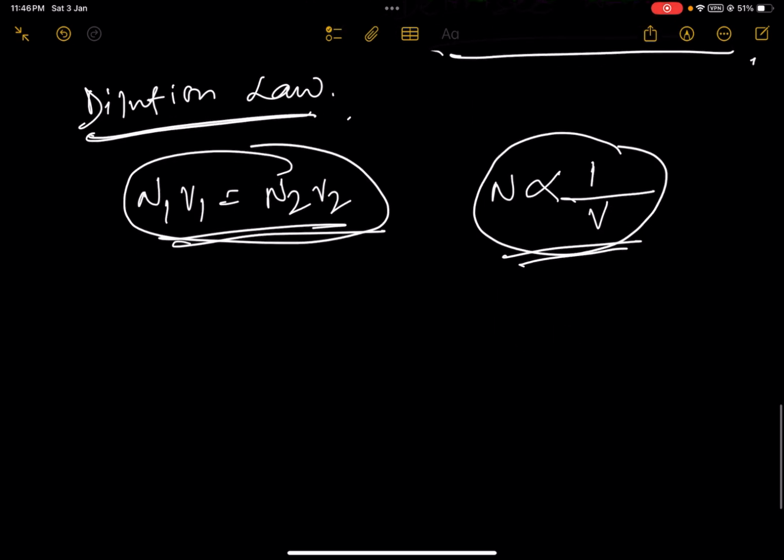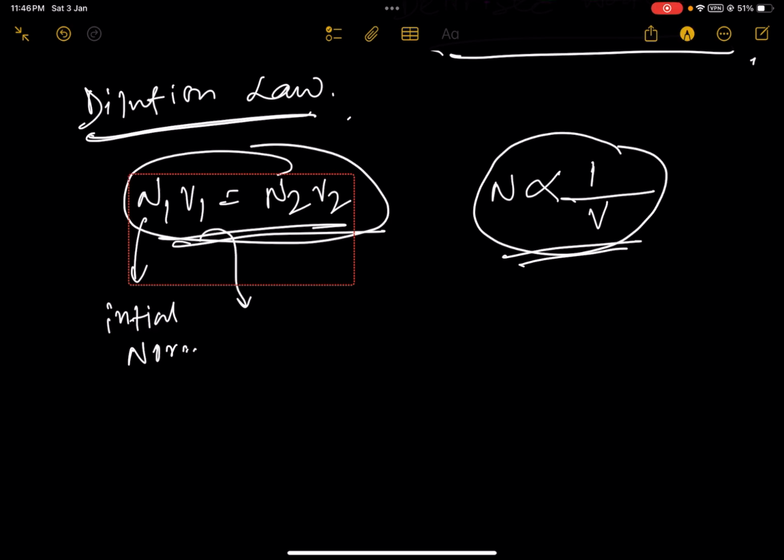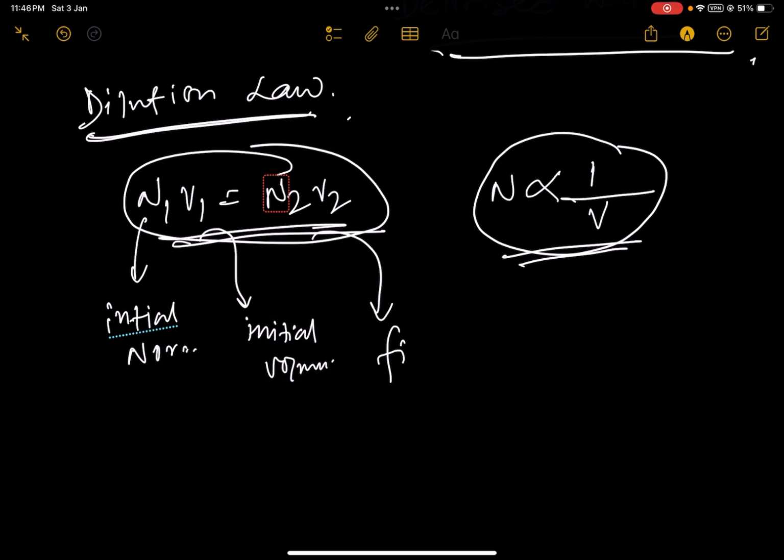Okay, so for this equation, N1 is the initial normality, V1 is the initial volume, N2 is the final normality, and V2 is the final volume.